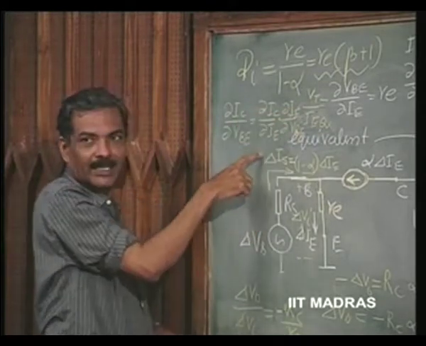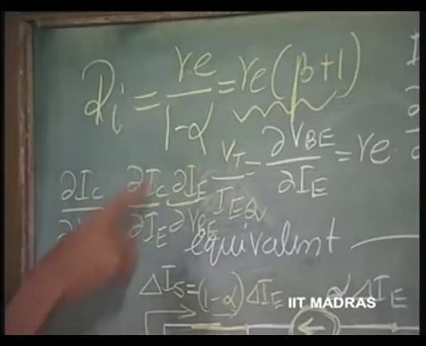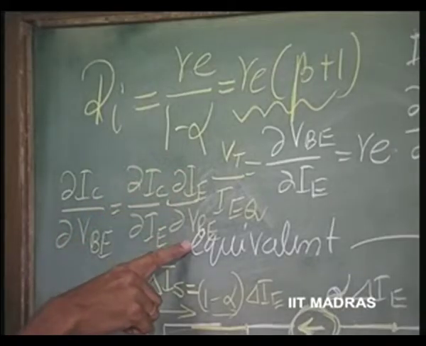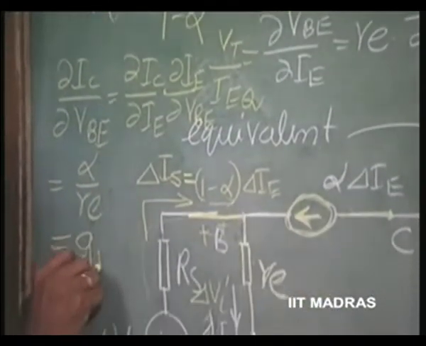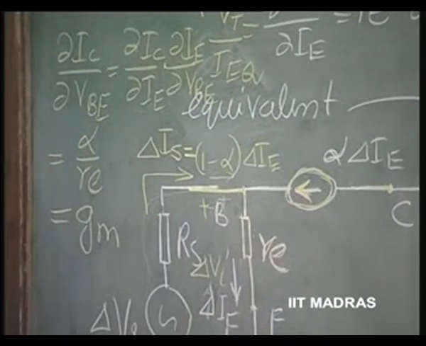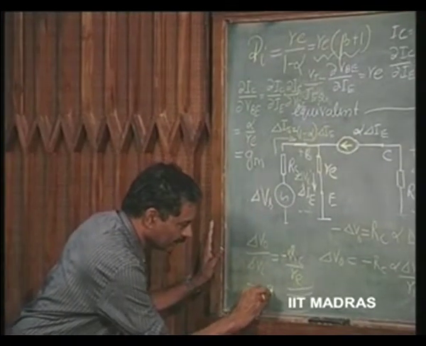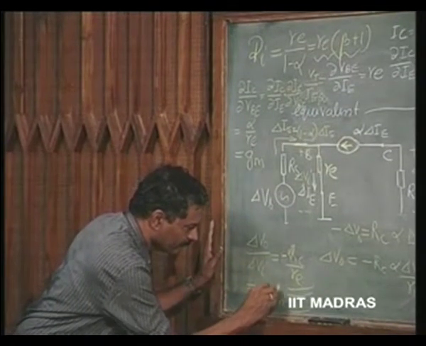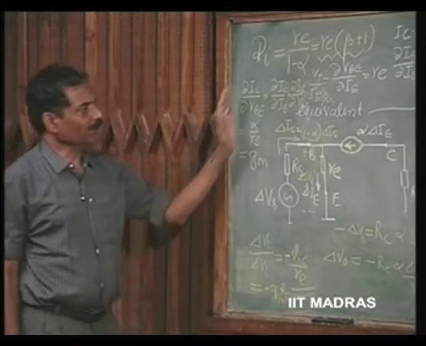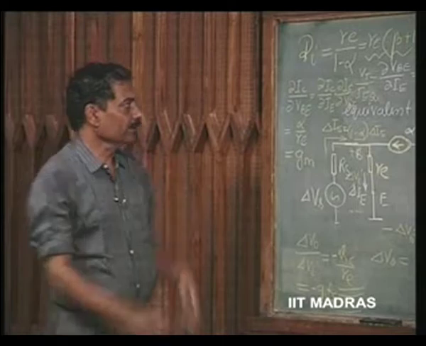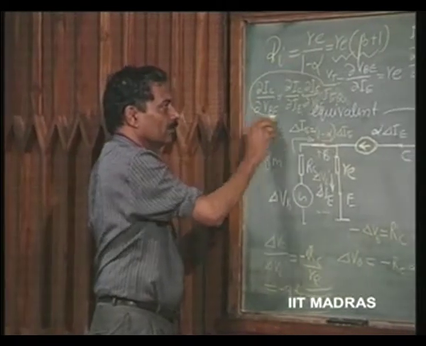Delta IC by delta IE is alpha, delta IE by delta VBE is 1 over RE. So, this is nothing but alpha divided by RE, which is called the transconductance GM of the transistor. So, this gain is equal to minus GM RC. This also earlier we had discussed.